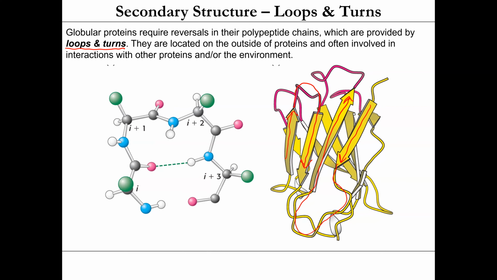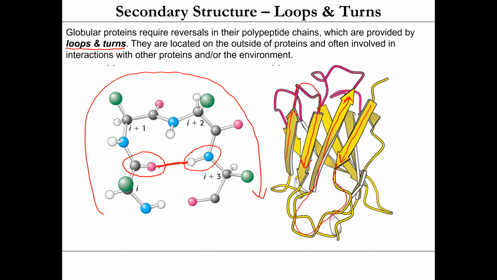You can see here, these are also considered secondary structure, and they're also formed by hydrogen bonding interactions between adjacent backbone atoms. So you can see this protein is forming a turn where it reverses direction, and that's stabilized by this hydrogen bonding interaction right here.